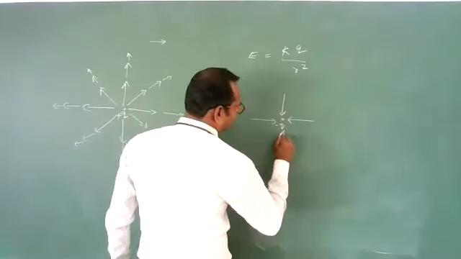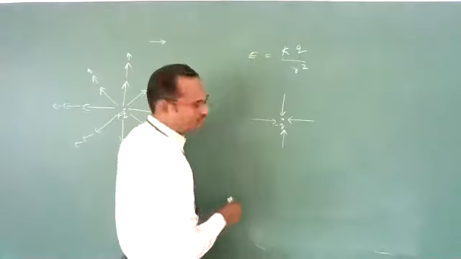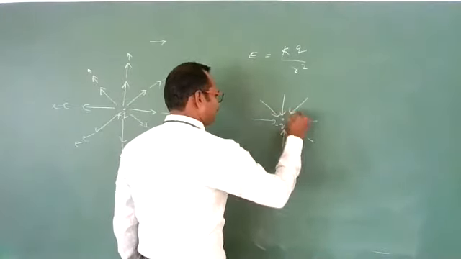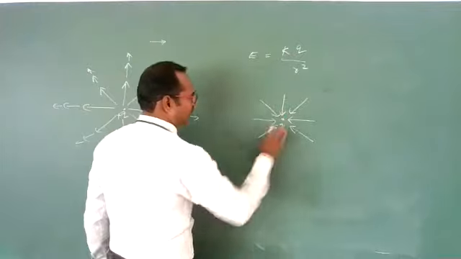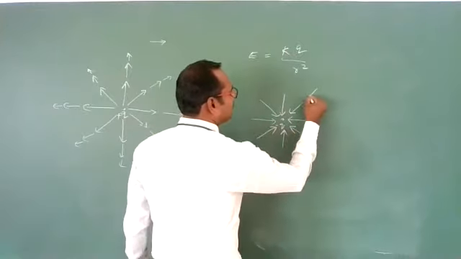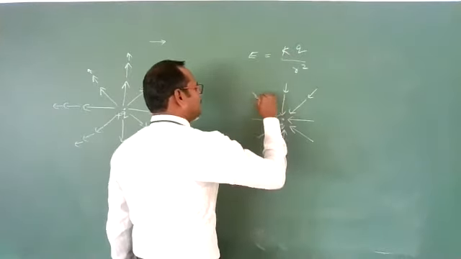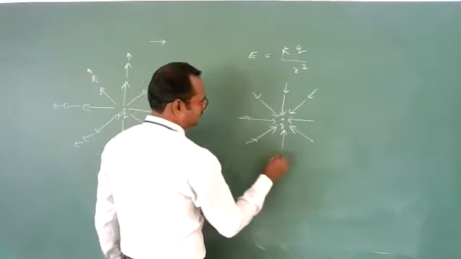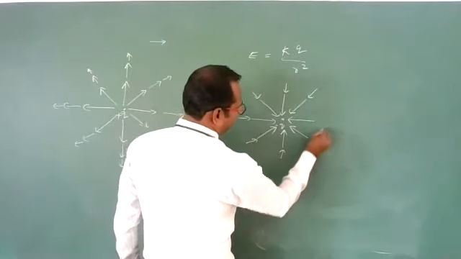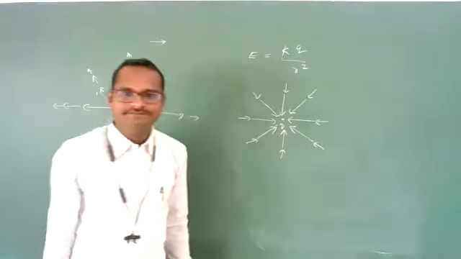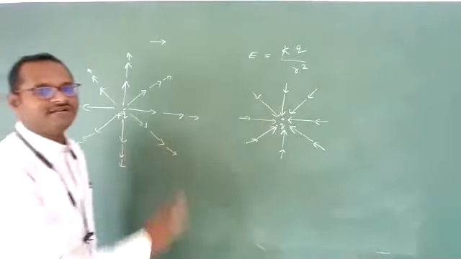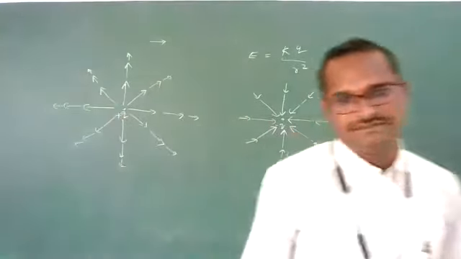Initially the arrow length is more. Later on this length gets reduced because it is inversely proportional to distance. Clear? So this is the graphical representation of electric field.